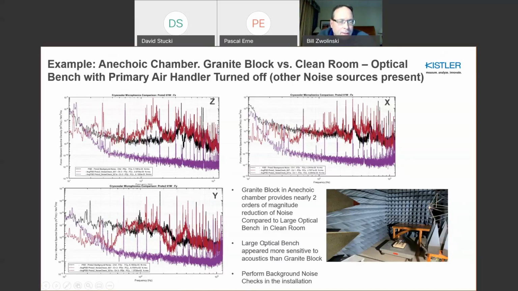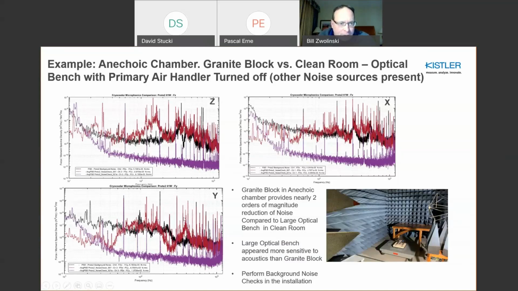Certainly, the granite block is a very sound approach to making microvibration measurements. The optical bench, at least in these cases, had some sensitivity to airborne acoustics, which was notable, but it still was quite usable. This noise floor, although quite a bit higher than the other, was still quite a bit lower than what the actual test required.